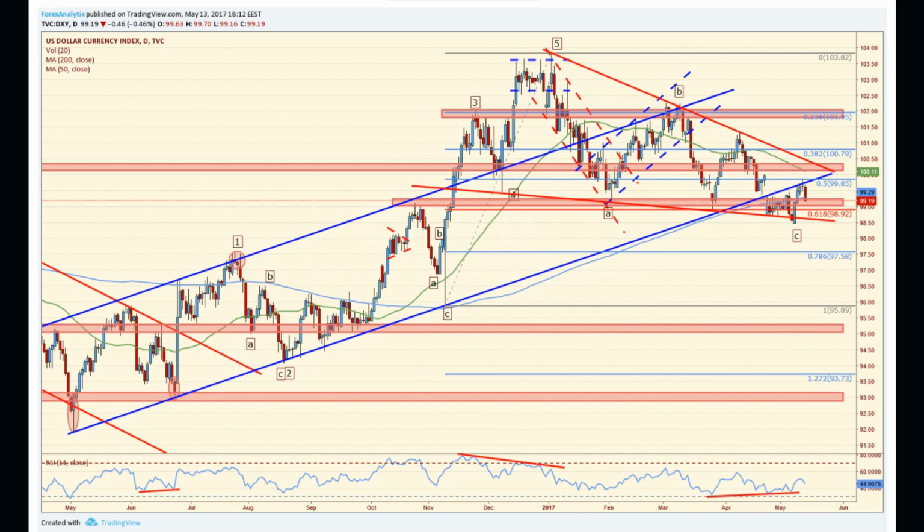We actually reversed from there and we're coming down. So the dollar index looks like we could see it back down towards what we've got marked as the C wave, as a possible new trend low. It is entirely possible, especially if the bond market continues to rally.